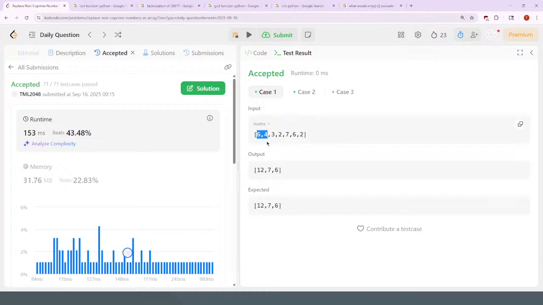So 6, 4, 12, 12, 3, 12, 12, 2, 12, 12, 7, no GCD there. 7, 6, no GCD there. 6, 2, 6.